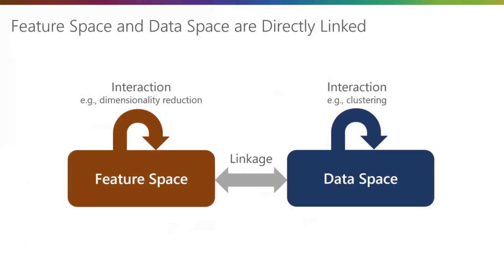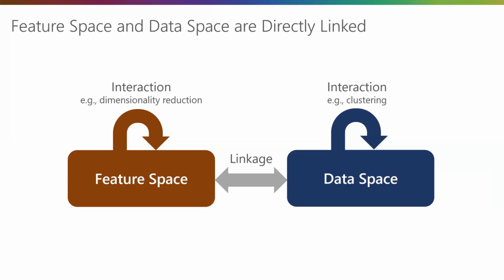So we can see that feature space and data space are directly linked. And you can see this here systematized, so to speak, that you have a feature space where you can do feature-based interactions, for example, reduce the dimensionality by selecting dimensions or applying dimensionality reduction methods, generating new features.